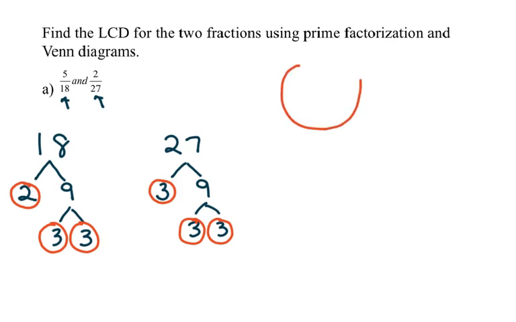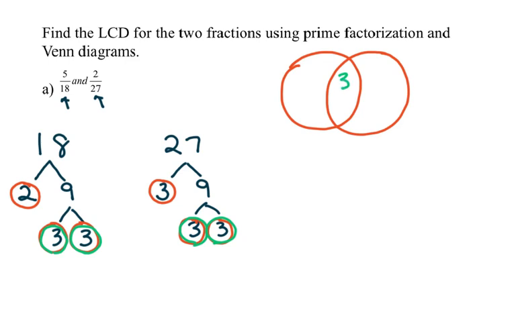Now I'm going to draw our Venn diagram. We have some overlapping. With 18, we have 2, 3, and 3. Now, this 3 and this 3 is also in common with this 3 and this 3.